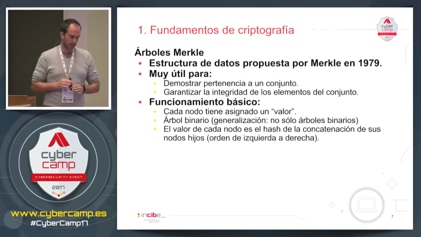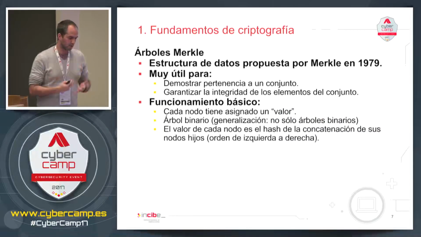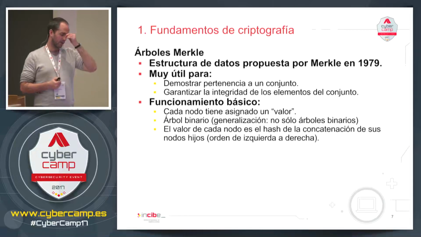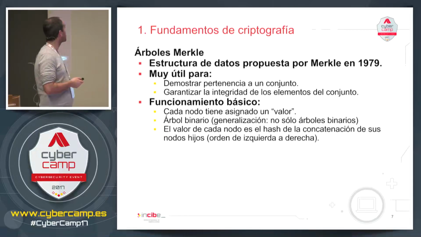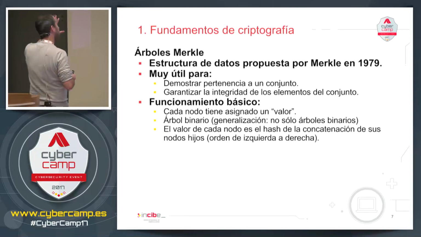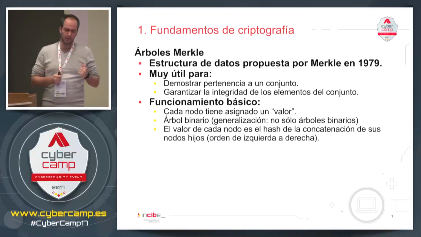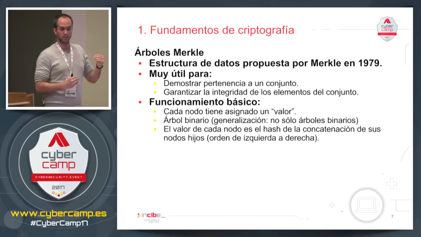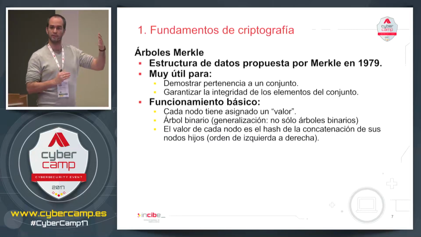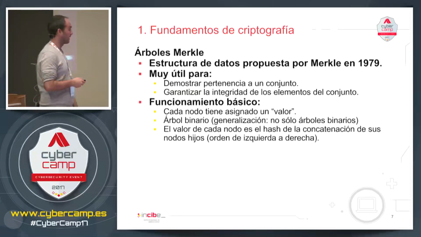Merkle trees. As I've already explained how hash functions work, let's look at Merkle trees, just briefly, because they're used a lot in blockchain in general, and they're built based on hash functions, cryptographic hash functions.